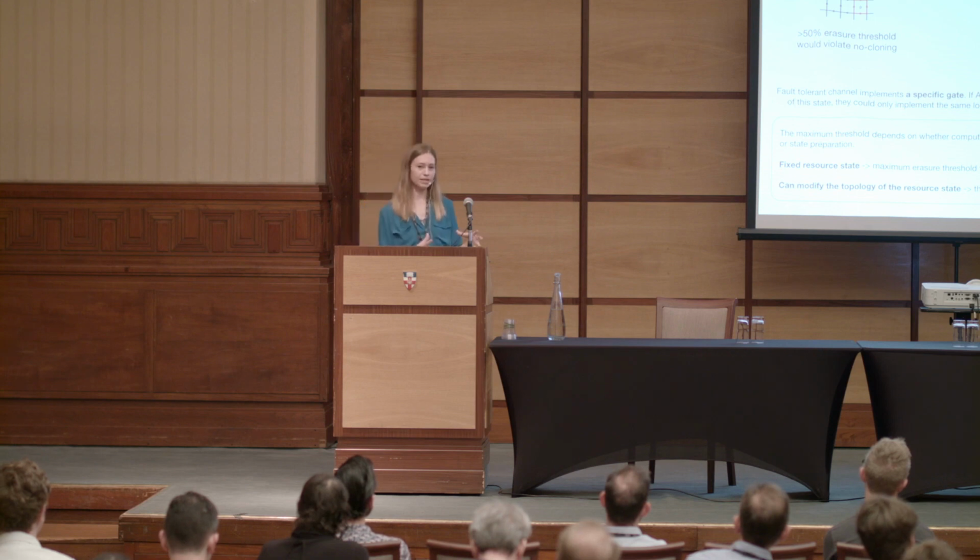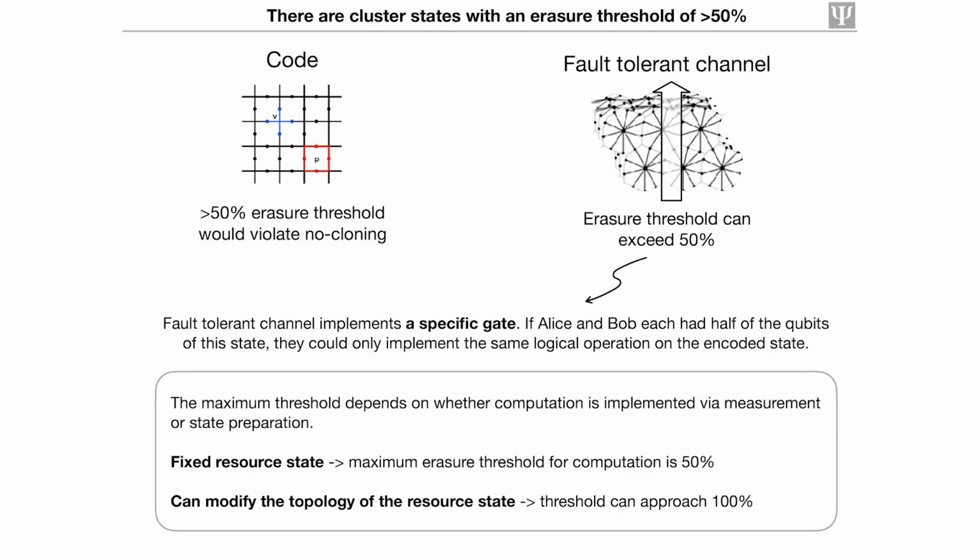But there's another possibility, which is that rather than doing the measurements on the state, you actually prepare the state that you would have had if you had done those measurements, or you prepare a state that at least is topologically equivalent. And we can always do this, that instead of doing the measurements directly, you can prepare a different state. And if you have that ability to change the topology of the state in order to do logic, then you're not restricted with what threshold you have, because you can always be preparing a channel which is specific to that gate.